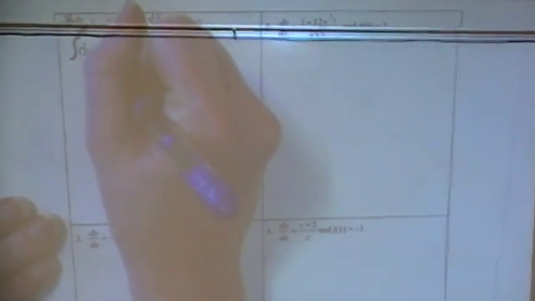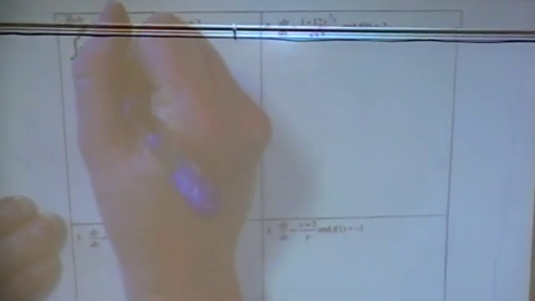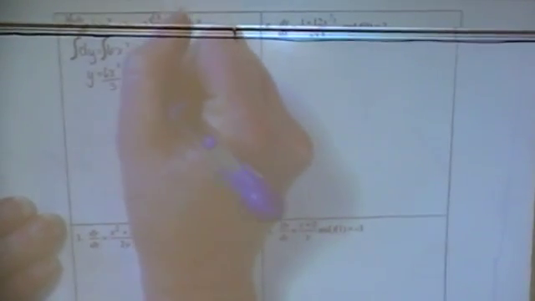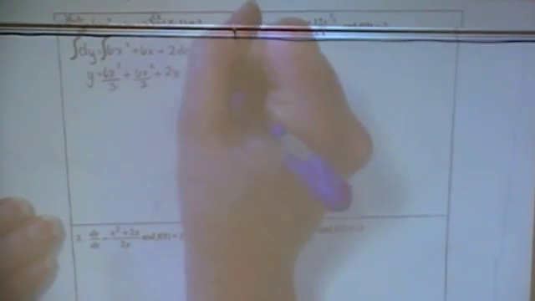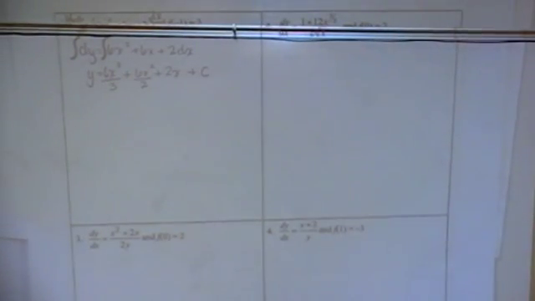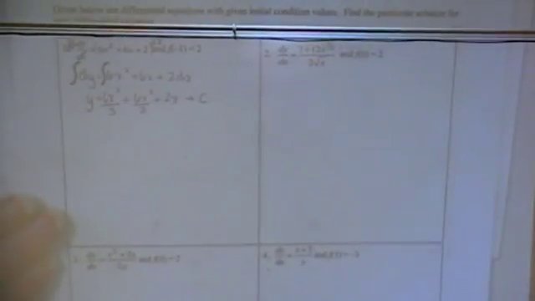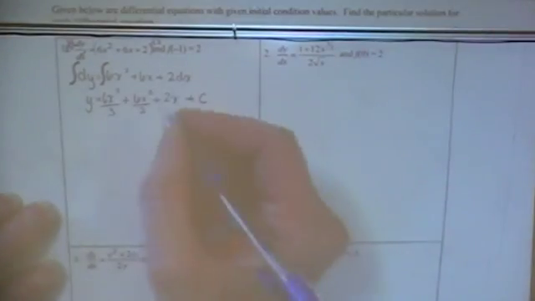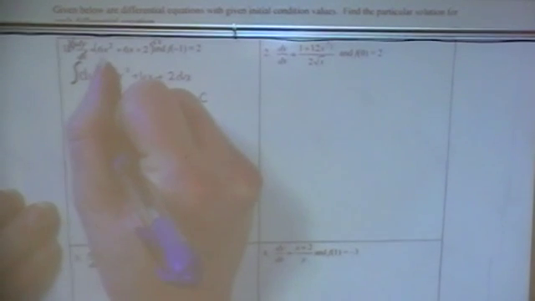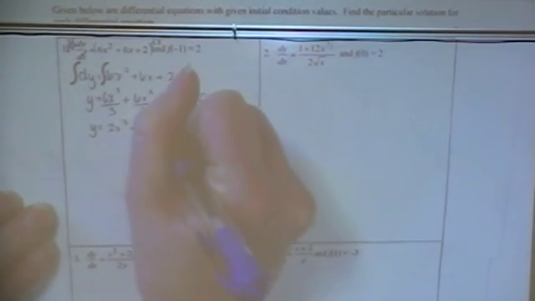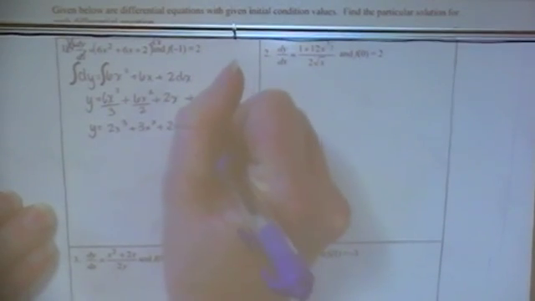I am going to write this step out, so that would be 6x cubed over 3 plus 6x squared over 2 plus 2x, and don't forget plus c, because at this point these are indefinite integrals. Now we'll work on the fact that we actually have an f value up here in just a minute. Let me simplify that. That'll be y equals 2x cubed plus 3x squared plus 2x plus c.